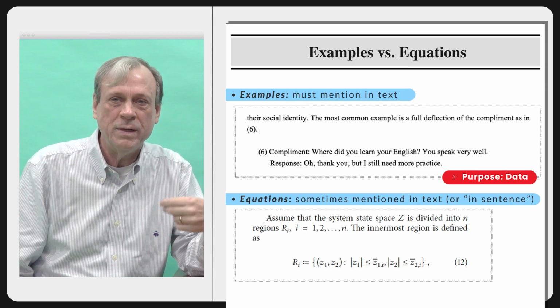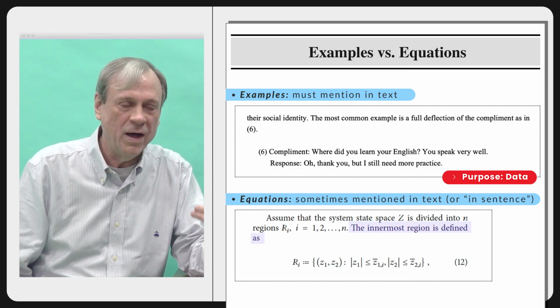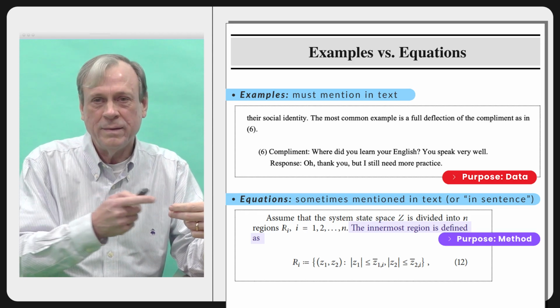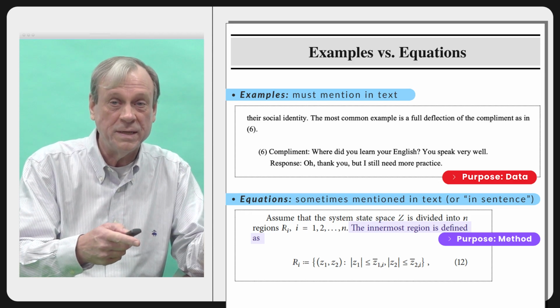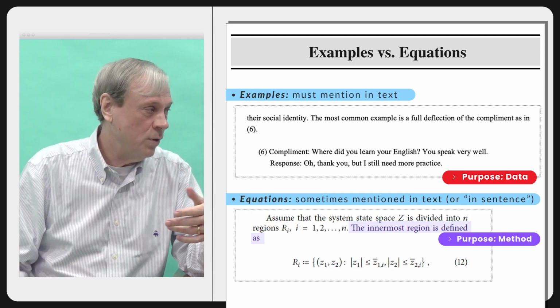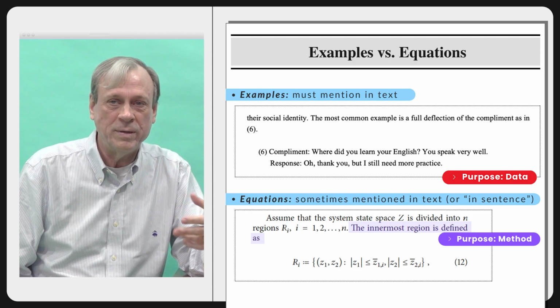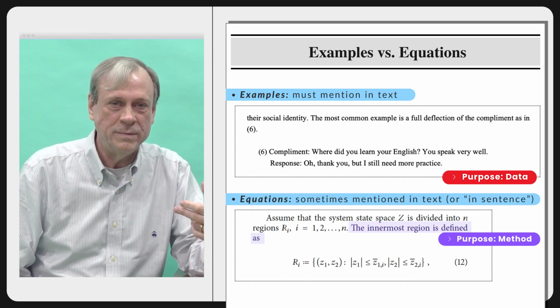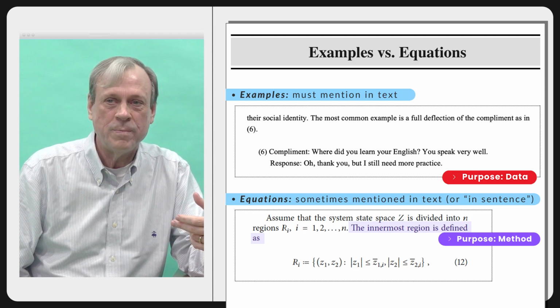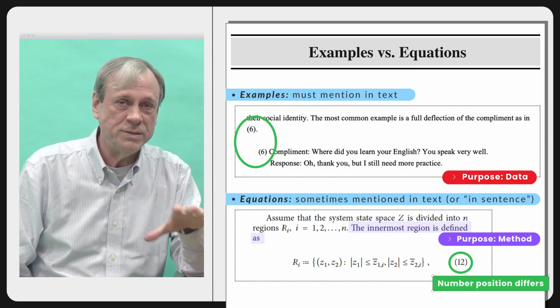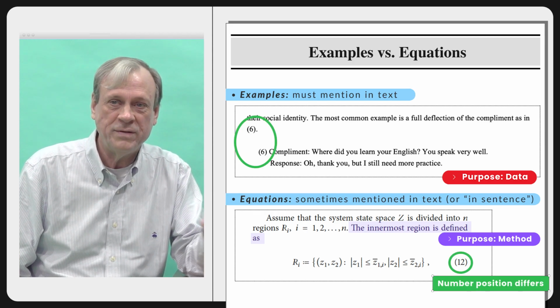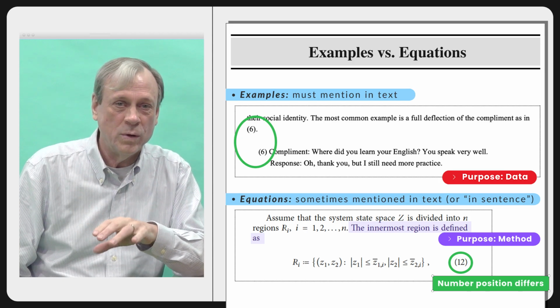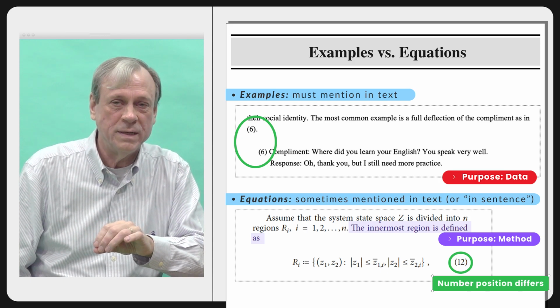For instance, this one, the innermost region is defined as, and then that equation is actually part of the sentence. And the sentence actually goes on beyond that, describing more about the situation in which it's used. Notice also that the position of the number is different, with examples on the left-hand side and equations putting the number on the right-hand side.